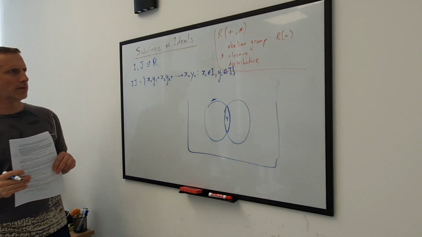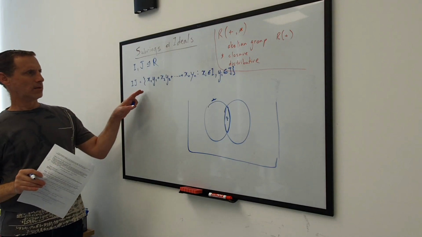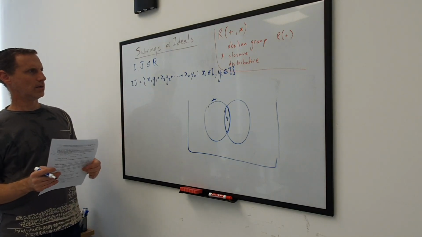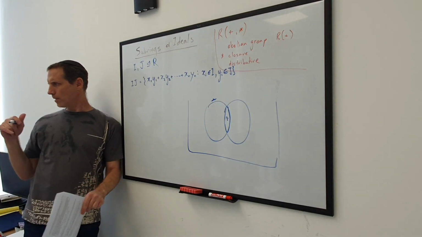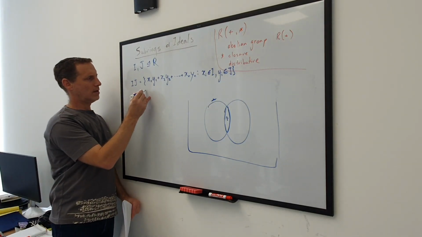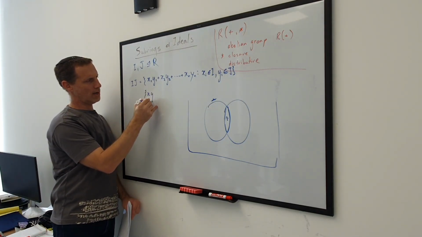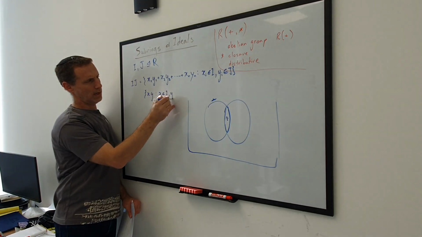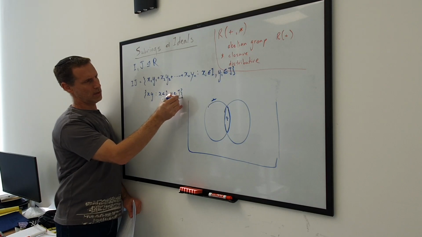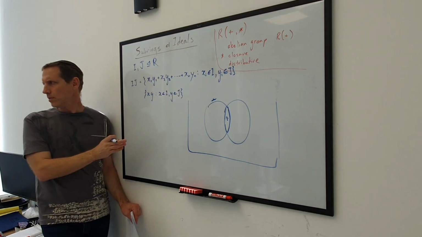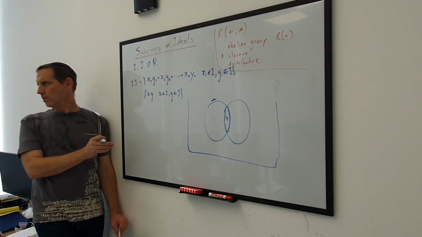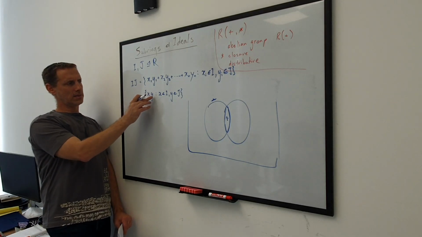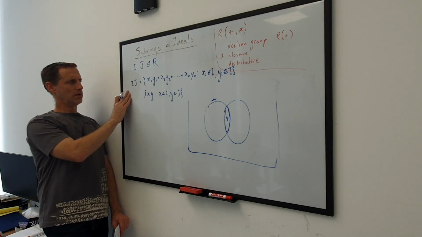The other way of defining it is just xy such that x belongs to I and y belongs to J, and this is not an ideal. This set is missing something.